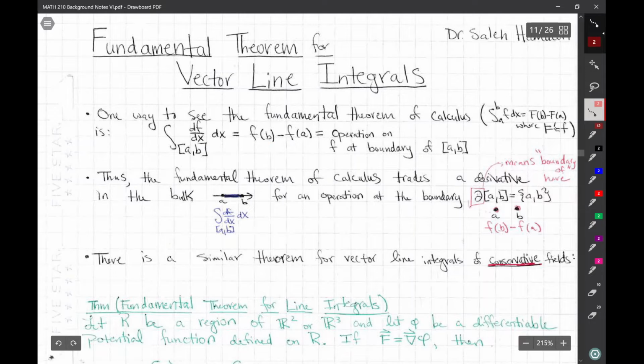More broadly, of course, any antiderivative that respects this property would do. What you could basically translate that language as is that you could trade a derivative in the bulk. The bulk is a to b and everything in between.